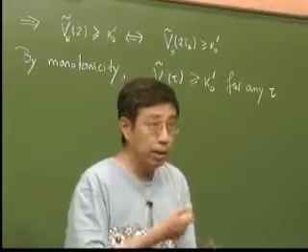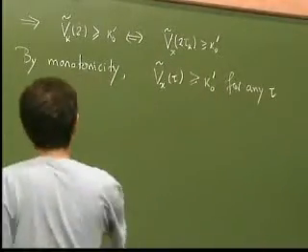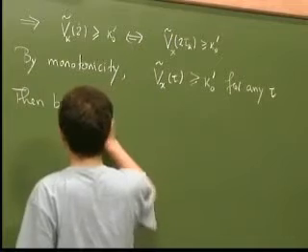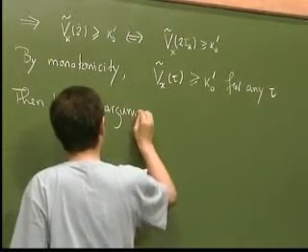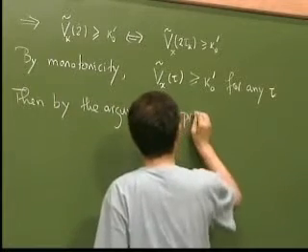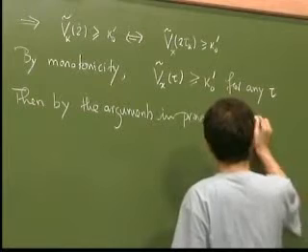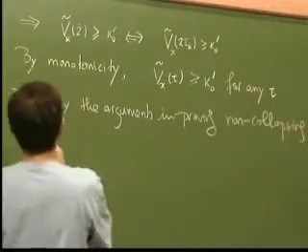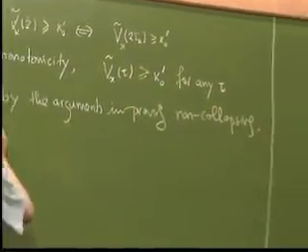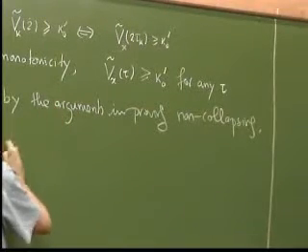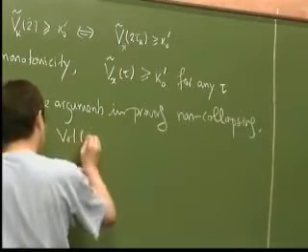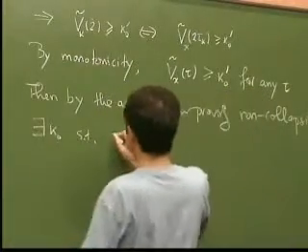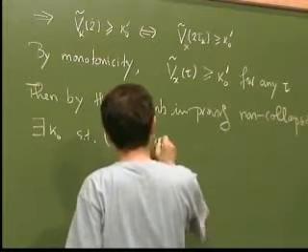Then by the arguments we had before, the same argument improving no local collapsing, we know that there is kappa_0, which may depend on this prime here, such that the volume is, of x, such that this is kappa_0 noncollapsed.